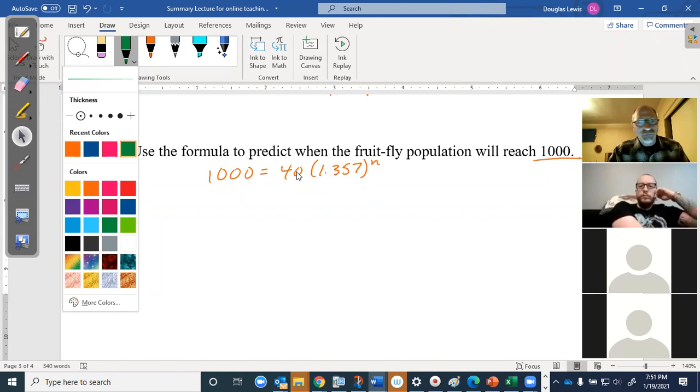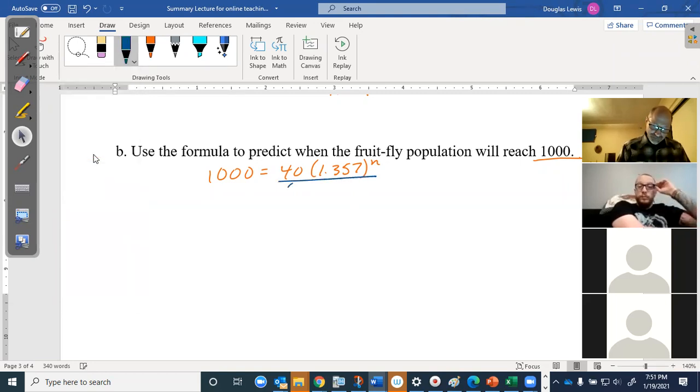So you can't multiply 40 times 1.357 here. It will always be wrong unless n is a 1, and unless n is 1, then it really doesn't make any difference that it's there. But otherwise you can't multiply 40 by 1.357. So resist that temptation. Lots of people are tempted by that. That gives you 25 there.